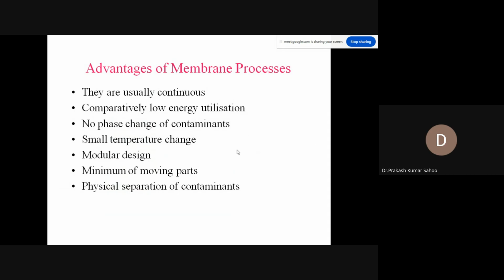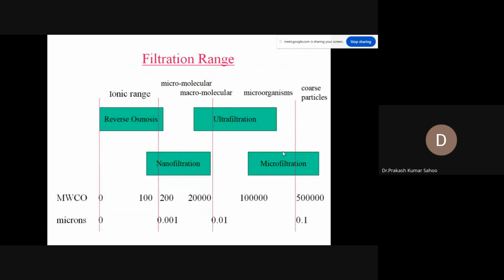This process is very much a continuous process. Comparatively low energy utilization is required. No phase change of contaminants is there. Small temperature change is made. Modular design is there. Minimum of moving parts is there, and physical separation of contaminants is there.